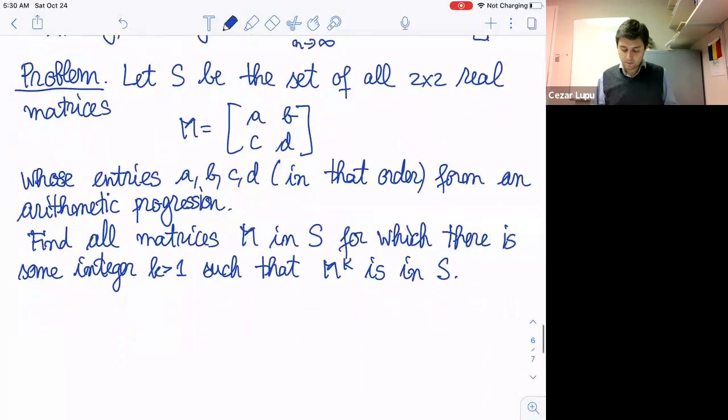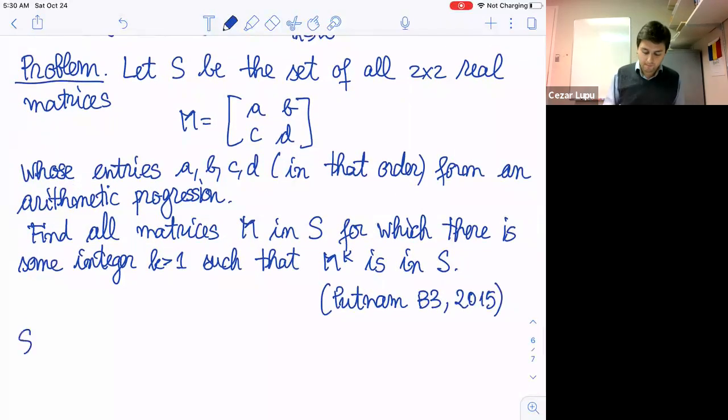All right, so this was a Putnam B3, quite recent, I would say, 2015. That was a hard Putnam exam. I remember this pretty well. It was a hard one.